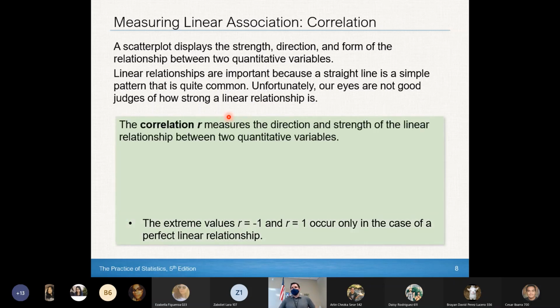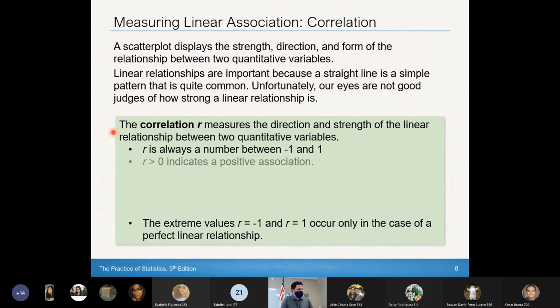The correlation r. So we have this new kind of statistical variable here called r. It measures the direction and strength of the linear relationship between two quantitative variables. r is always a number between -1 and 1. When it is positive, this indicates a positive association, essentially a positive slope for the line.